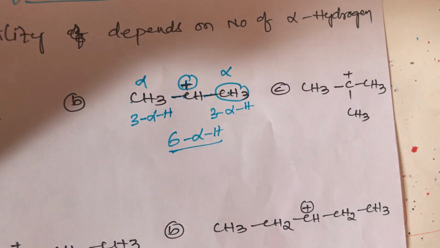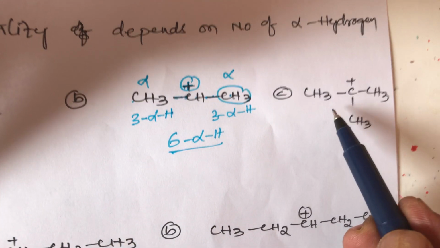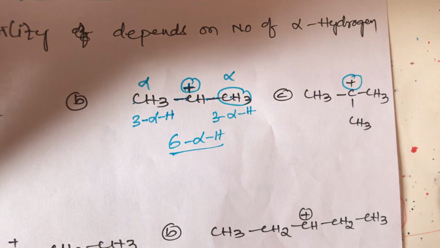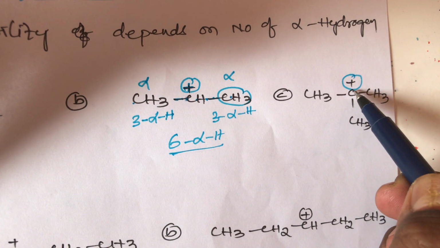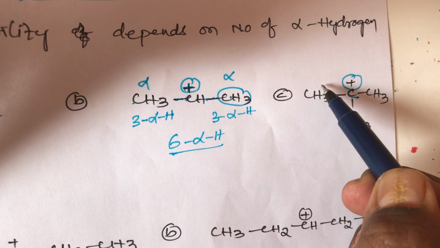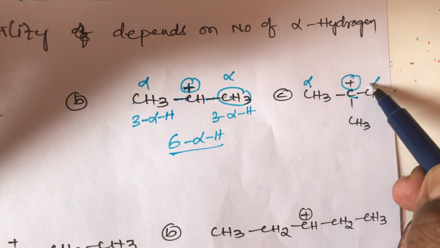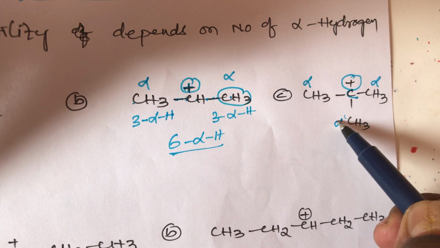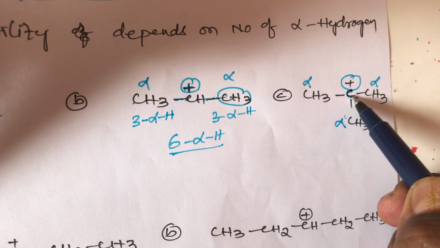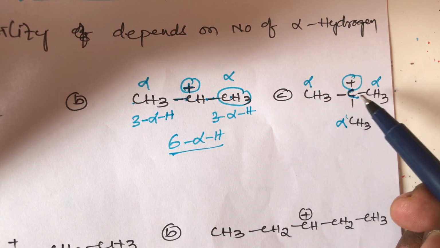And what about the third compound? That is a tertiary carbocation. In the tertiary carbocation, there are 3 alpha carbons: the carbon on the left, the one on the right, and the one downward are all alpha carbons.